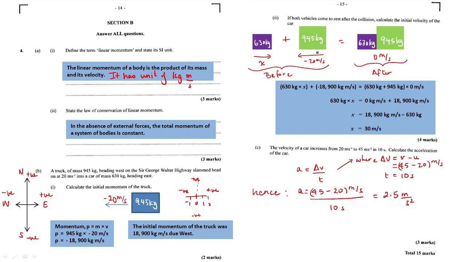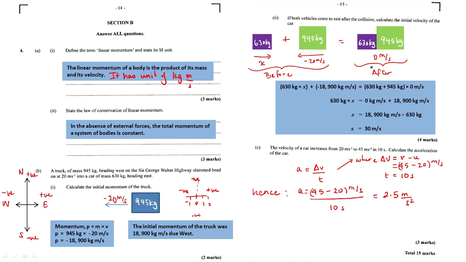We already know the velocity of the truck, and we already know the momentum of the truck. We calculated it in parts. What we need to find out is the velocity of the car, which we don't know. We already have the momentum of the truck, which is mass times velocity.